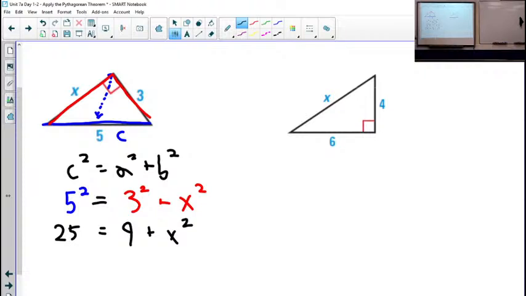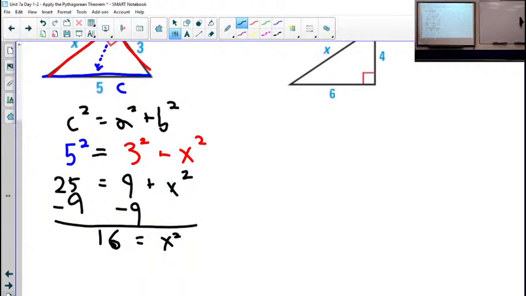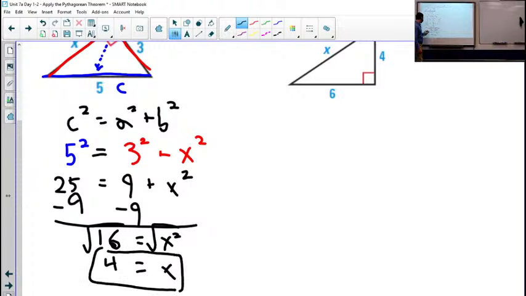I want to get x by itself, so I'm just going to subtract. 25 minus 9 is 16. So if I've got x squared and I want to get x by itself, then to undo squaring, I'm going to take a square root. The square root of 16 is 4. So 4 is my third side.